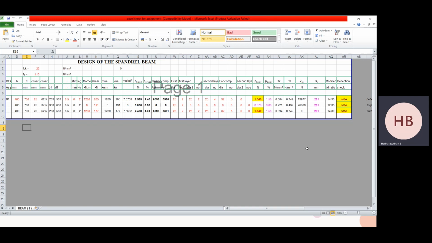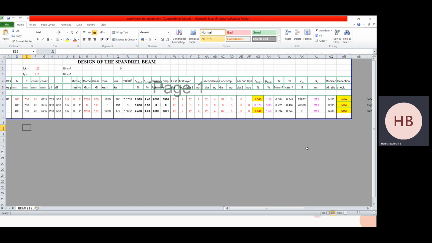The last step is to find tau v and tau c, which represent shears. Tau v = Vu divided by bd, whereas Vu is the maximum shear force, and b and d are the breadth and depth of the beam. Then tau c is found out from the table with the base of the tau v value, from table 19 of IS 456-2000, page number 73.